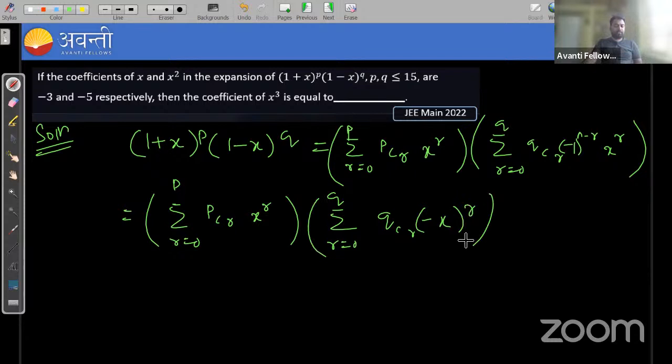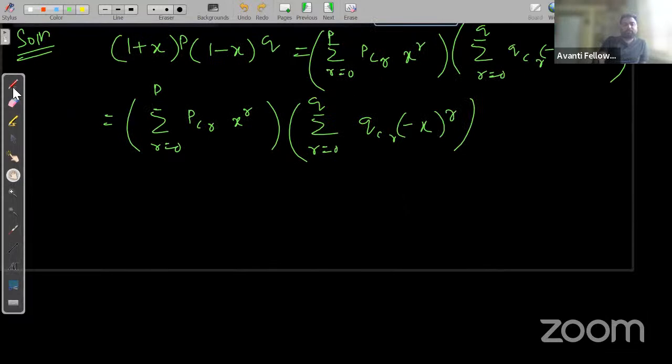Now if you open these two summations, these two series, what will you get? Just open these two brackets and see.